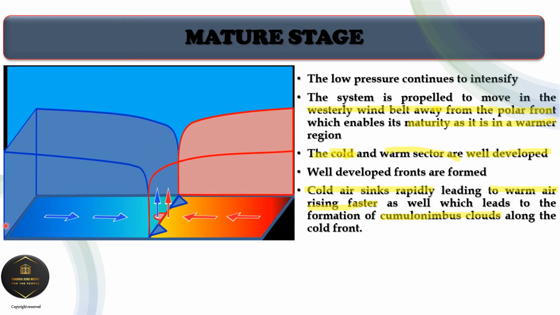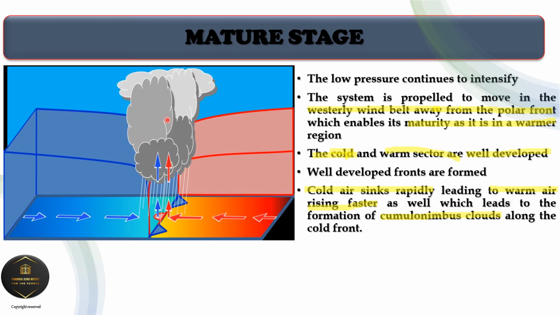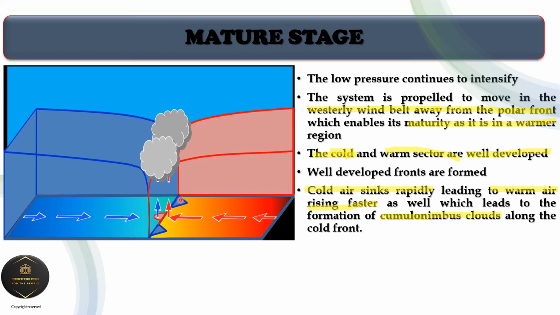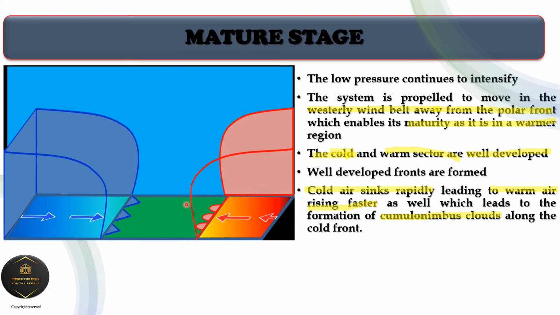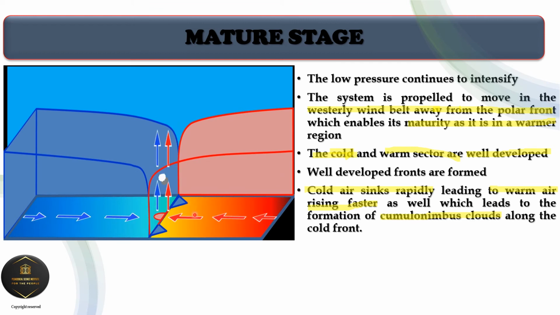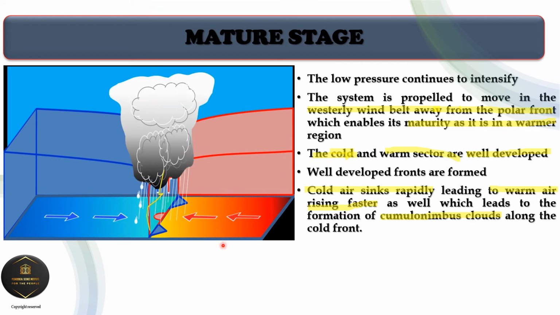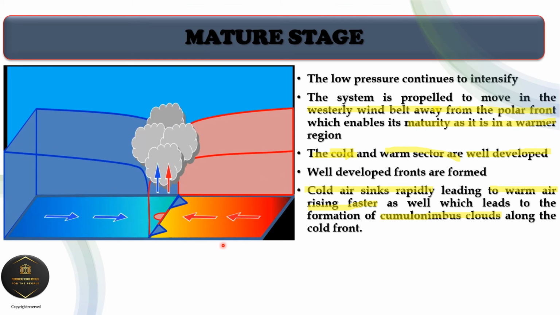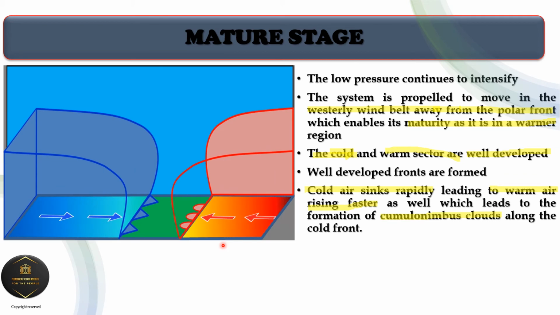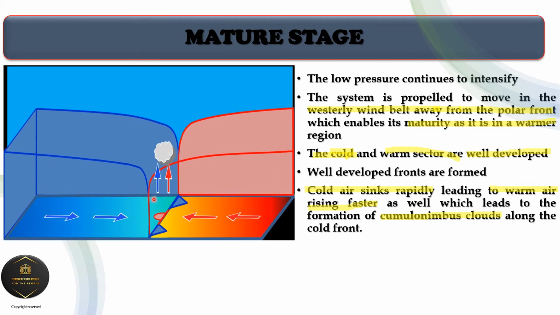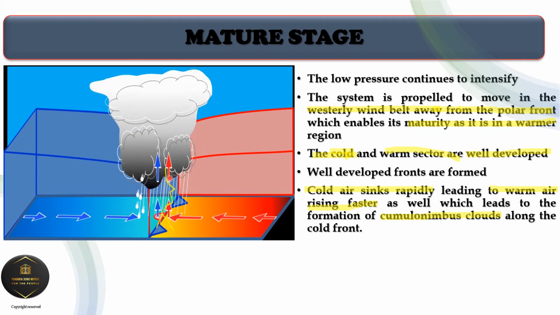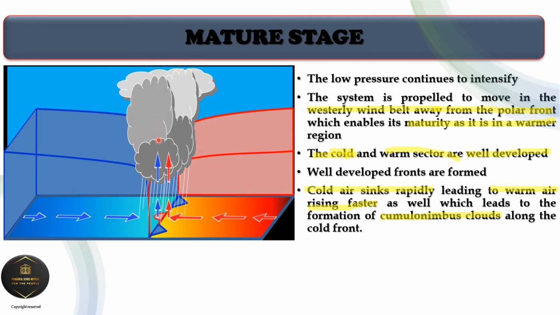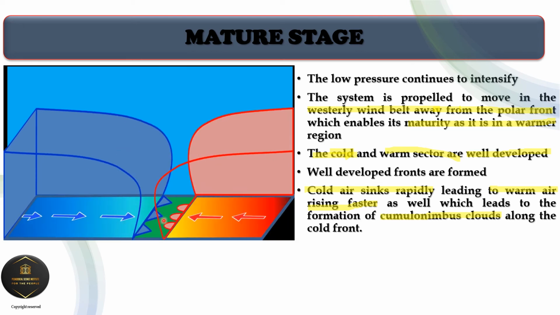So these clouds will then bring storms and rainfall and intense conditions that we are gonna talk about in the next session. So in the mature stage, that is what will happen. The cold front will sink rapidly, pushing the warm air in the warm sector to rise rapidly, which will then lead to the rapid rising of air that will rapidly condense and form cumulonimbus clouds, and you are going to have rainfall.